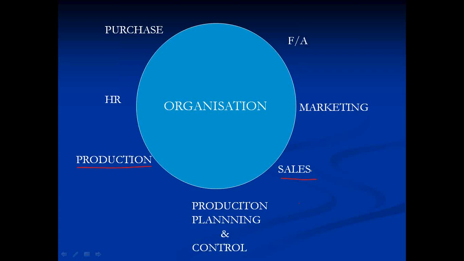So the production planning department is depending on sales department for the information purpose. Now you take purchase department. Its main function is to procure the materials required in the production. So every time the purchase department has to get the information from the production department regarding raw materials requirements. So purchase department is again depending on production department.